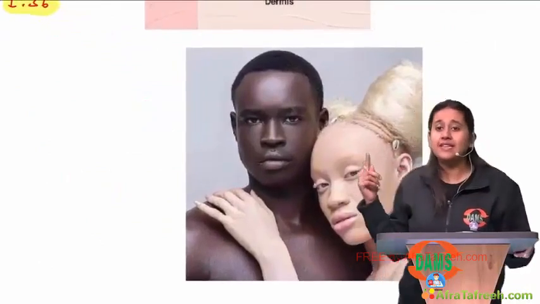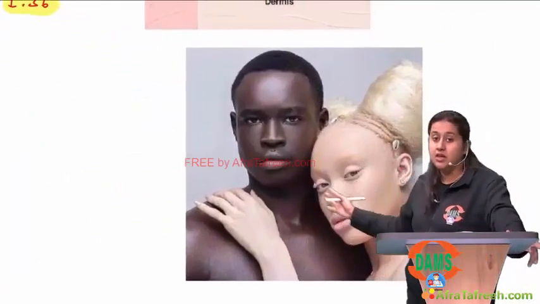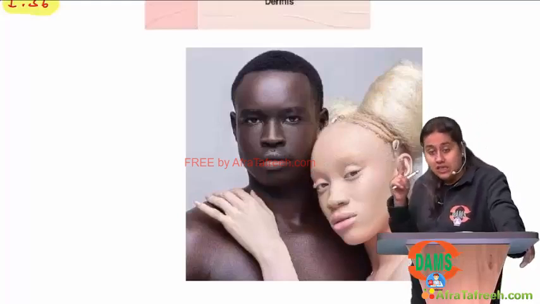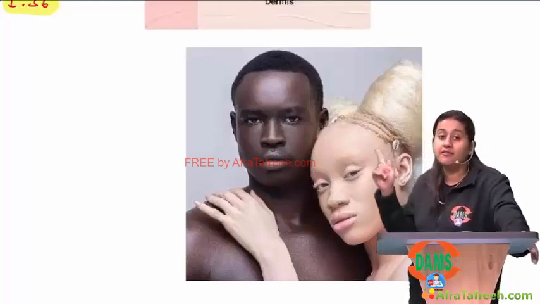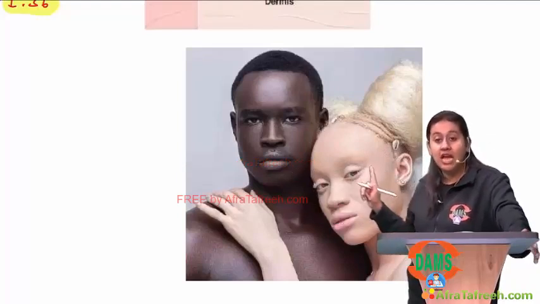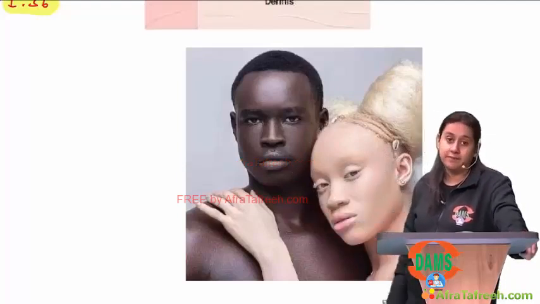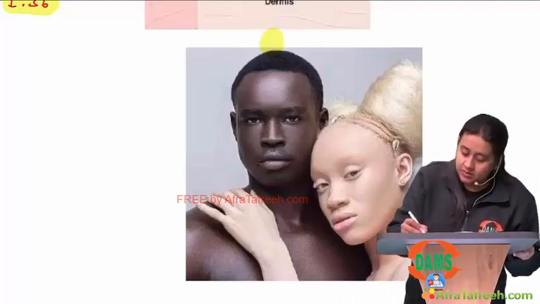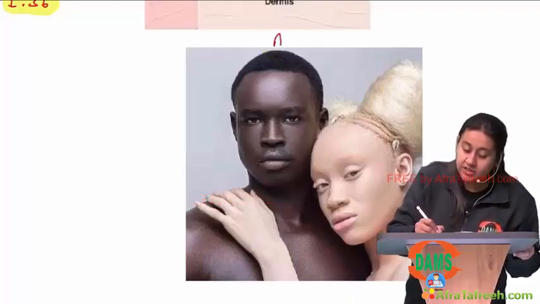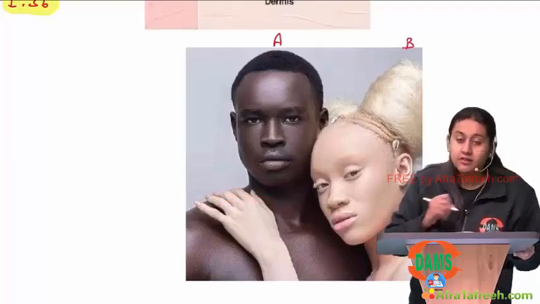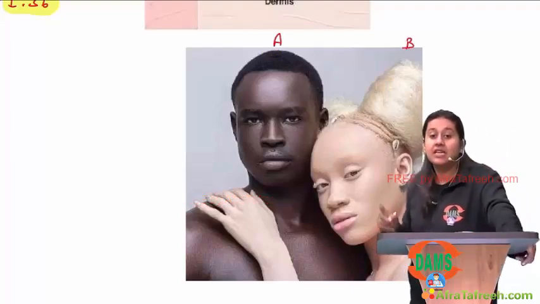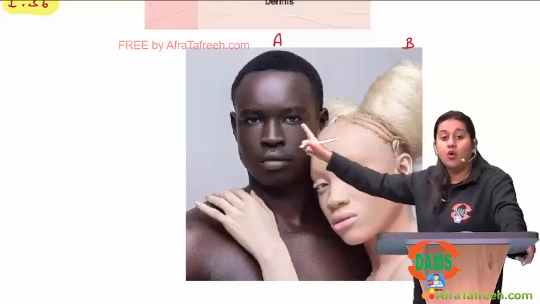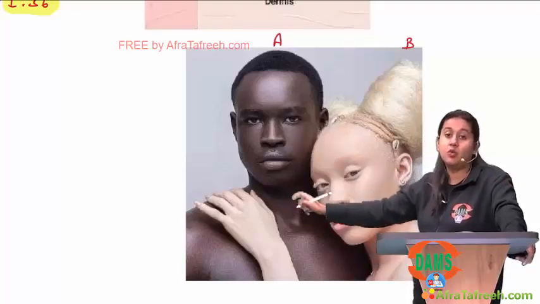Next is this. You can see the image of a very dark person and obviously a very light person. So that is a dark one, that is a light one. Now my question to all my students is, which of these two has more melanocytes? Suppose the darker one is patient A and the lighter one is patient B. Can you tell me whether this light colored female or that dark male has more melanocytes?